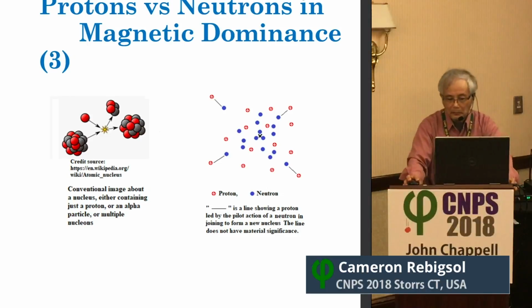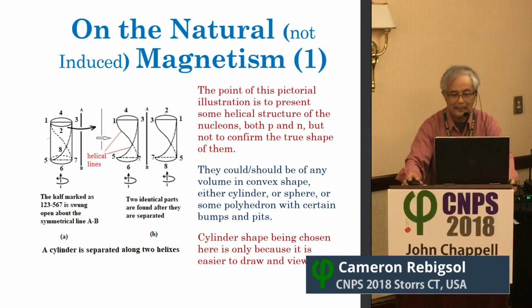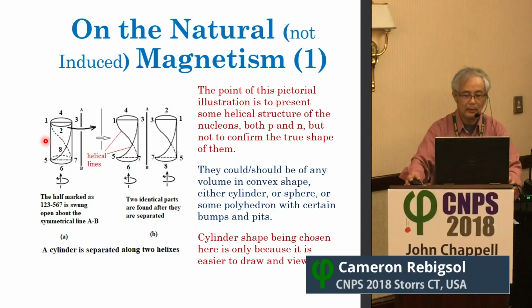So now, why do the neutron and proton have magnetic property? Here is my conjecture. Suppose we have a cylinder and it can be cut into two halves like this with a pair of helices.